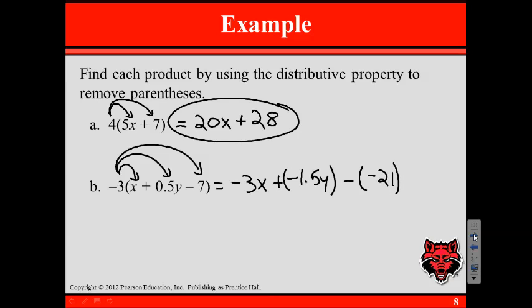Now I went ahead and included the original operations of addition and subtraction so that you would know exactly where each value was coming from when I multiplied the negative 3.